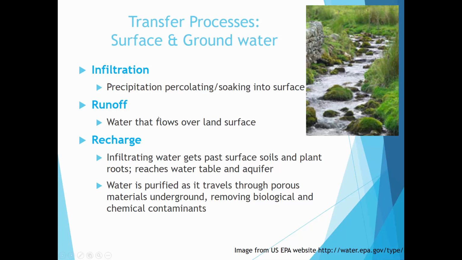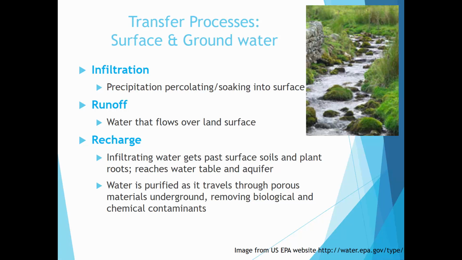Runoff is whenever water is flowing over the land surface, so when it rains a lot, especially we see this here in Arizona, our soils go for long periods of time without rain, and they become kind of like concrete.